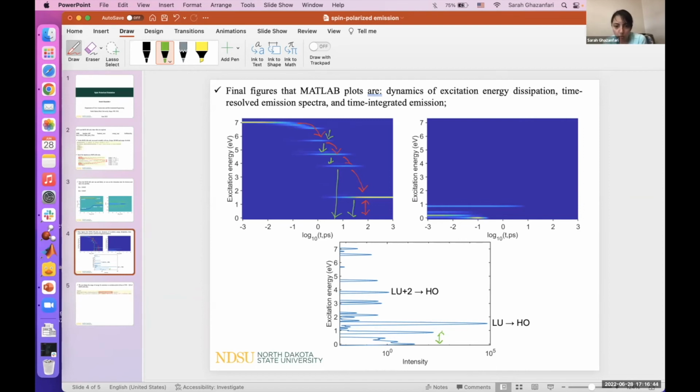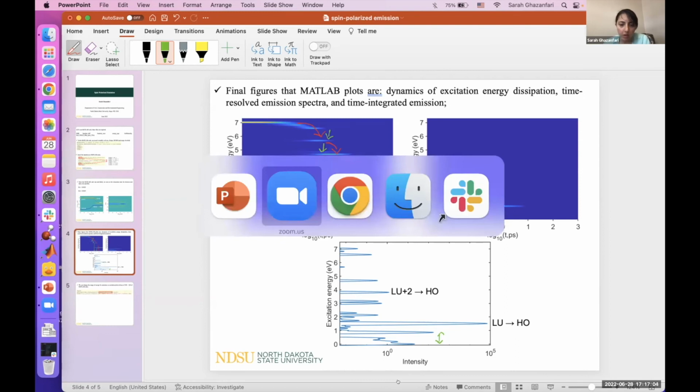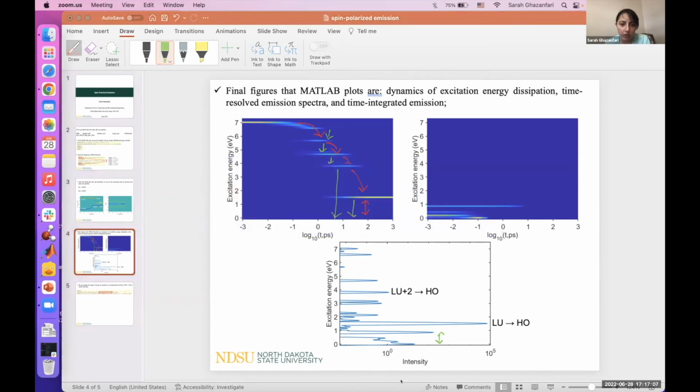But LUMO+2 to HOMO. In our paper we had a figure that has all three spin multiplicities on it. So this one is just for the up-down one, the low spin multiplicity. On that figure all three were together, so we just showed this transition.